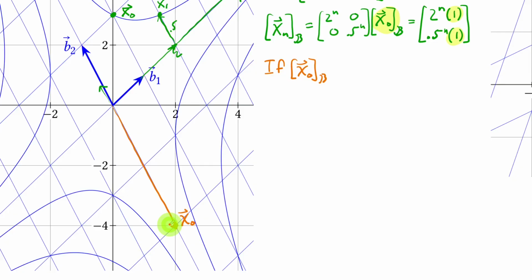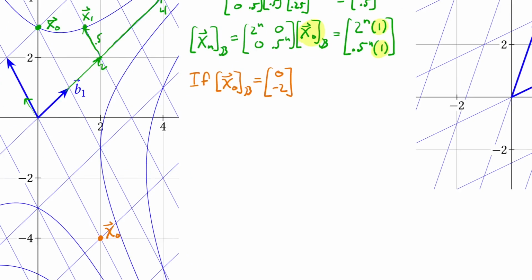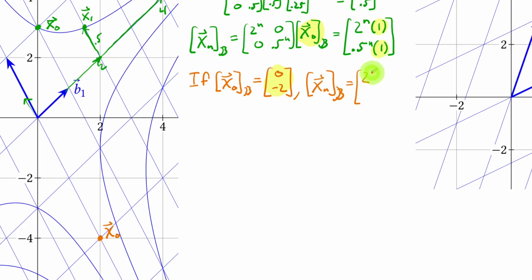But its B coordinates are (0, -2) because x0 is equal to negative 2B2. Okay, so this is going to work the same way it did before. The B coordinates of xn are going to be 2 to the power n times 0 and 0.5 to the power n times negative 2.